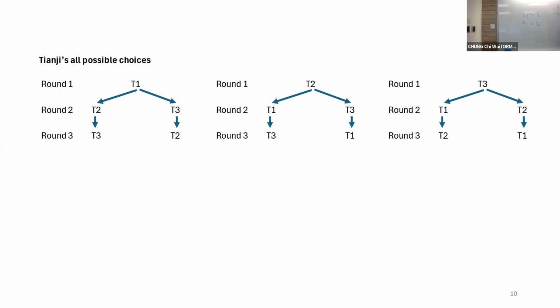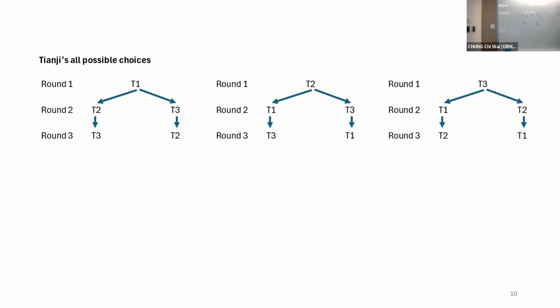So here, the other 2 possible orders. Angie can choose any one of these 6 orders.